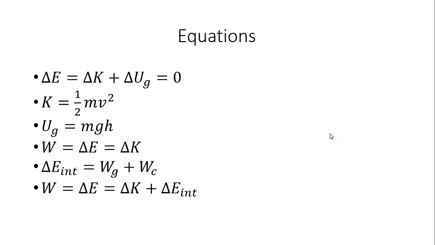Furthermore, the change in internal energy is equal to the work done by force of gravity plus the work done by the contact force. Lastly, we know that the change in total energy is also equal to the change in kinetic plus the change in internal energy.